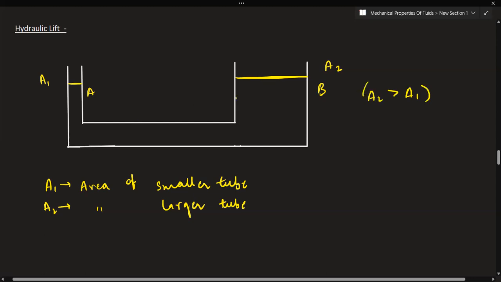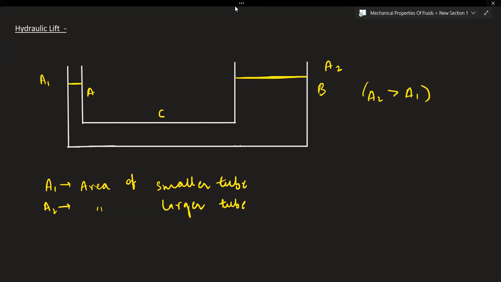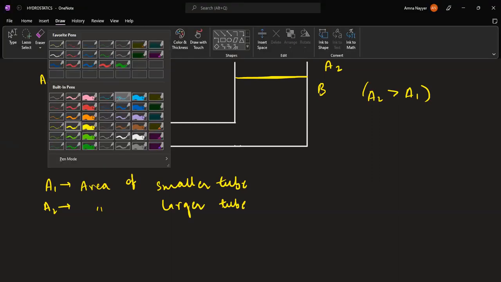Now see, these two vertical cylinders are connected by a small cylinder placed horizontally, a horizontal tube. Let's name it C for our convenience. Pistons are fitted in both the cylinders. And the system is filled with water or oil.